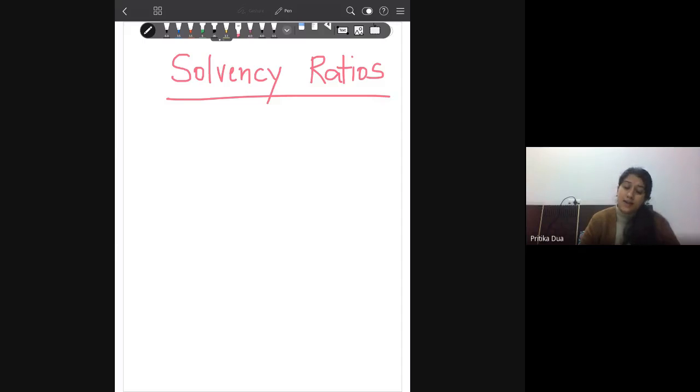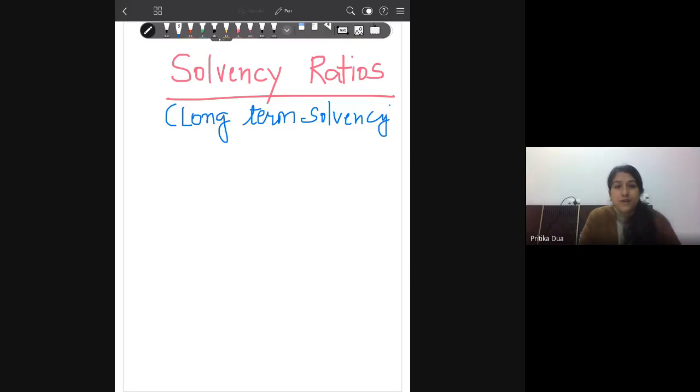Okay, now solvency ratios, if we need to define them, they are calculated to measure, to analyze the long-term solvency or long-term stability of the firm. If you remember, when we started the unit on ratio analysis, the first ratio which we did was the liquidity ratio.